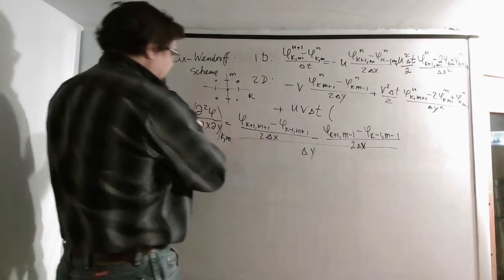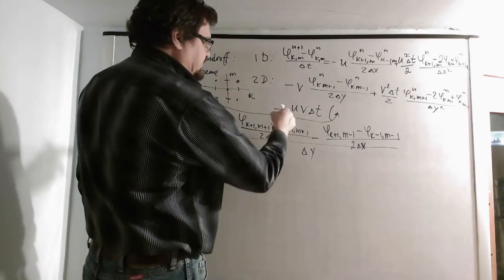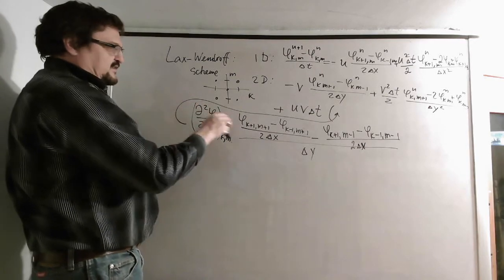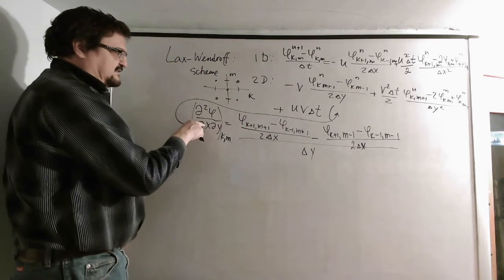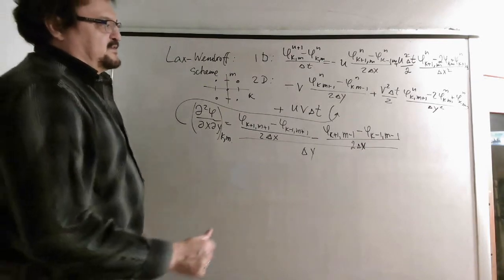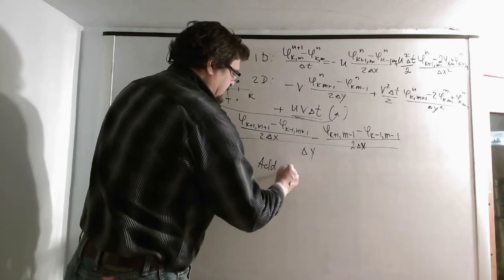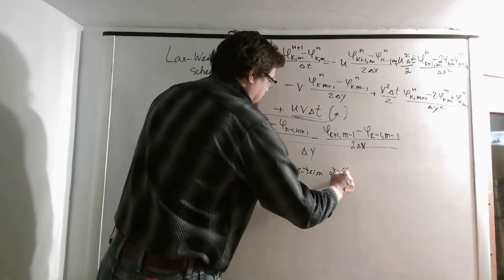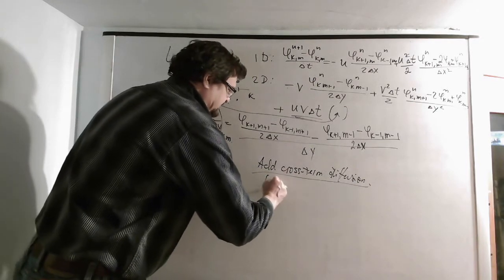So you need to add this term in here, and because it was 2 u v, and it's symmetrical, you can actually check that this expression, if you write it d dx dy, is the same as d dy dx. It's symmetrical. So you need to add the cross term diffusion, and then it becomes stable.